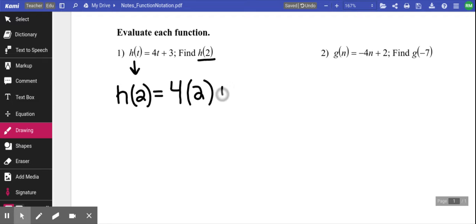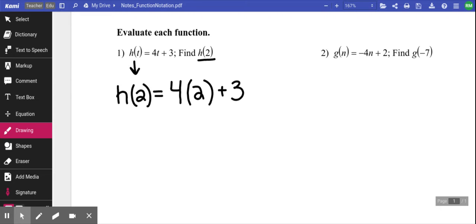And don't forget the plus 3 part. Questions so far? It's just a new way of writing things. Your input is 2, so here it is. So we're going to input 2 into the function.